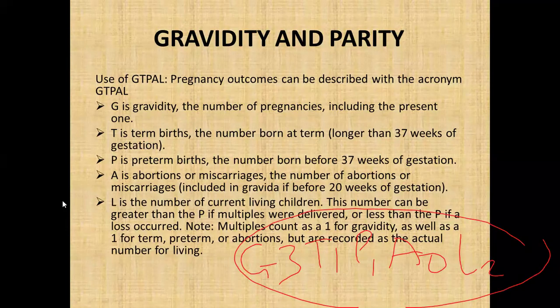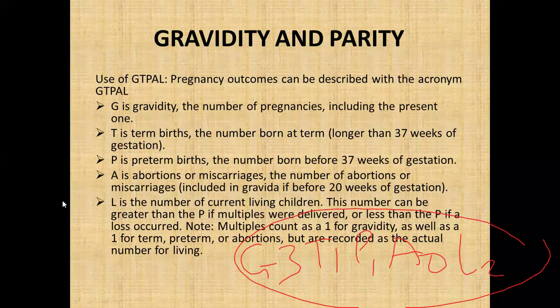Now, what it means is that a patient's pregnancy history has been represented in this form. And what you have to do is to explain it. And so that is what we are coming to do.